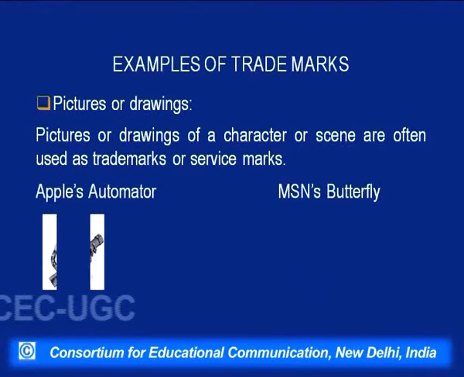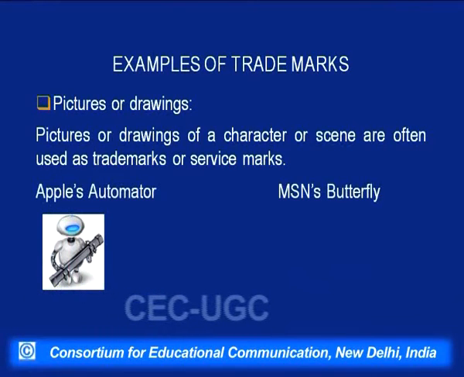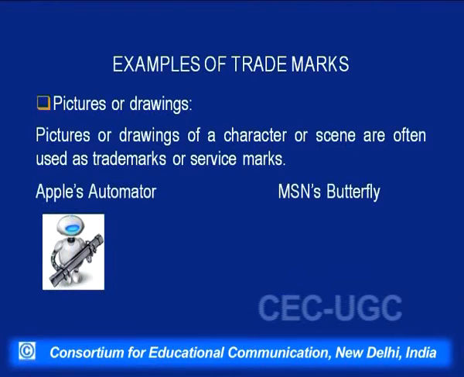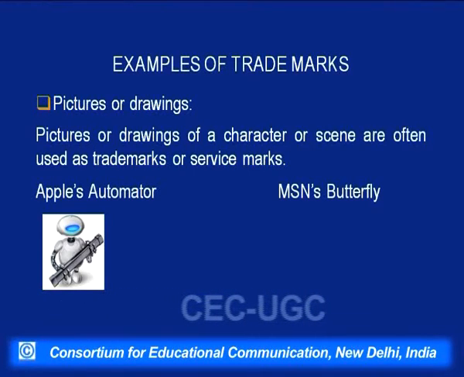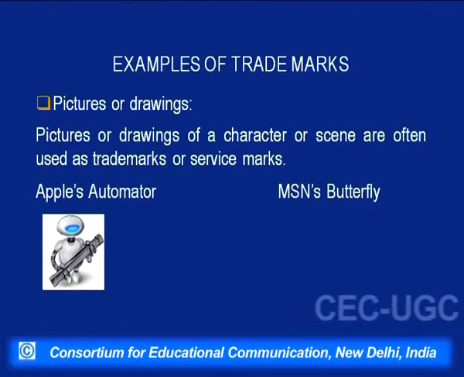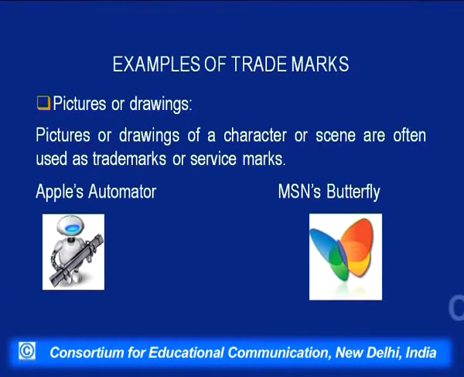protection. For example, this picture or this drawing of a character, and this is called Apple's automata. This is a potential trademark. It is registered and it is already in use. Then this Emerson's butterfly, friends, is also an example of a picture as a trademark or drawing as a trademark.